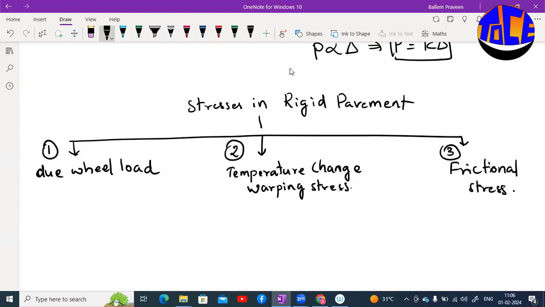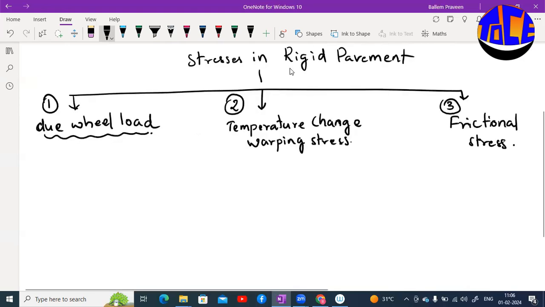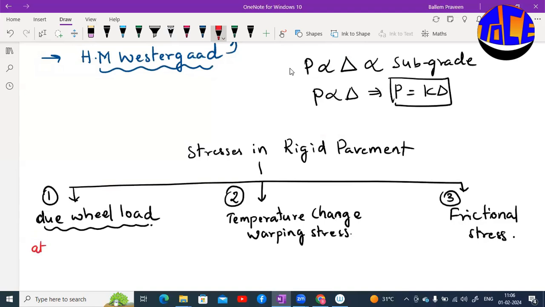Now coming to stress due to wheel load. Westergaard provided the equations to find the stresses due to wheel load, and for warping stresses also, at different portions. Firstly, let us see what the different portions in the slab or rigid pavement are.